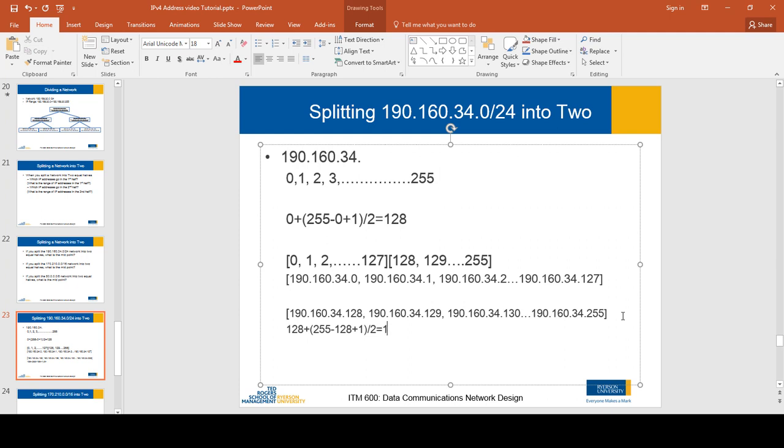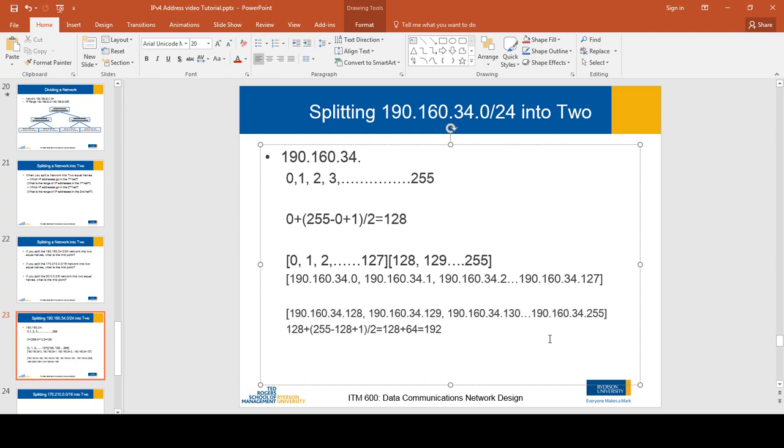That gives us 128 plus 256 minus 128, which is 128, divided by 2 is 64. So 128 plus 64 gives us 192. So 192 is the start of the second half if we split this range of IP addresses.